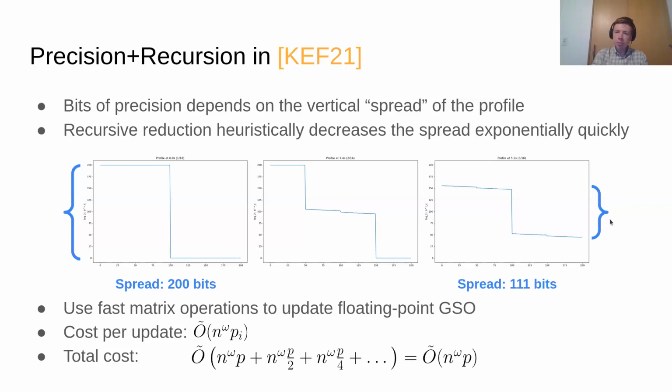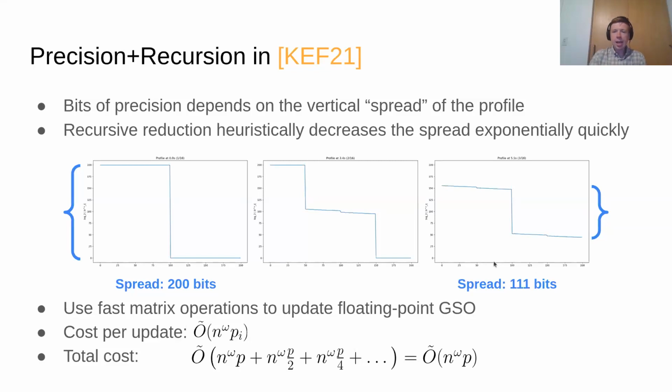But now the spread of the Z-shaped basis is 111 bits. So we've cut the spread roughly in half, which means the bits of precision that we need to use is decreased by roughly half. And this continues throughout the process, decreasing by half again and again.